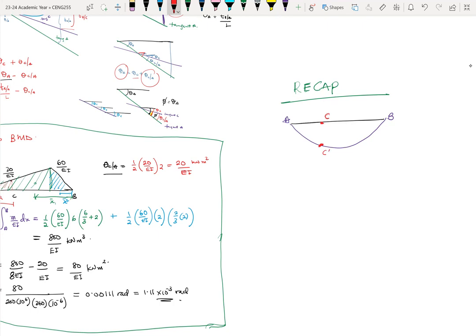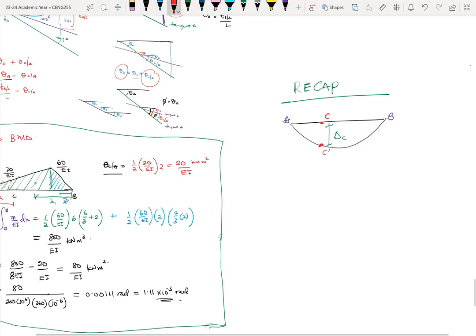So this new point of C on the elastic curve would have undergone some deformations. Here, it was initially straight, now it deforms, so it's part of the curve of the beam. So now this deflection delta C, we need to find that deflection.